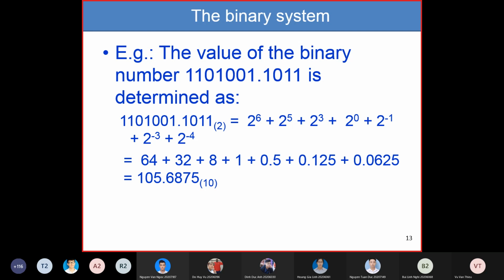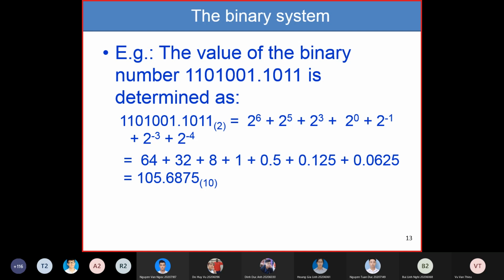For the integer part, we index from right to left, starting from 0. The first bit 1 has index 0, bit 0 has index 1, next 0 has index 2, next 1 has index 3, next 0 has index 4, next 1 has index 5, and the last 1 has index 6.